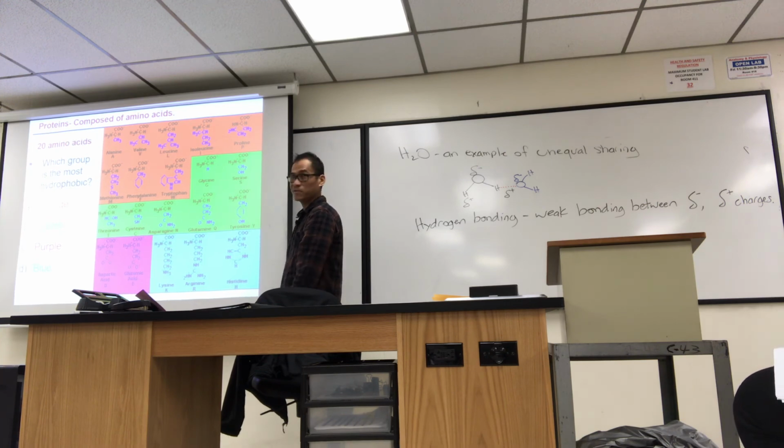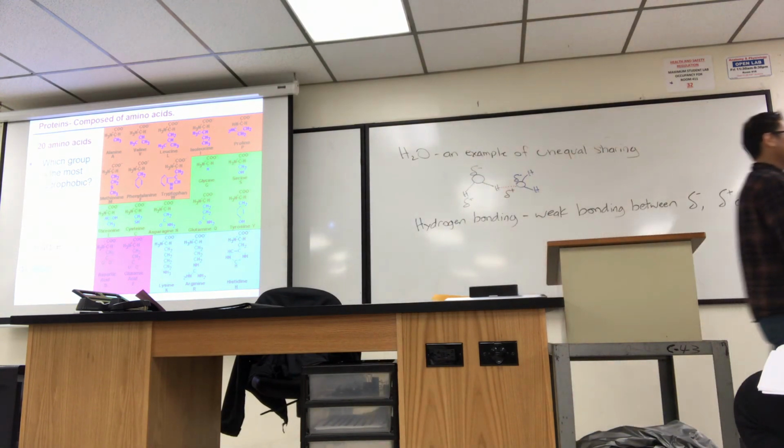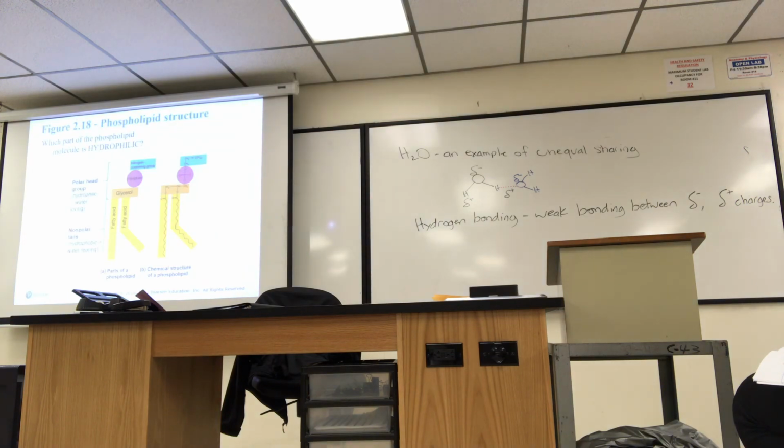So the answer is orange. That's important for cells. If you're going to make proteins, sometimes you want proteins that have a lot in that orange group so that proteins can span the width of the cell membrane, because remember, there's a hydrophobic zone. If you have hydrophobic amino acids in that stretch, it makes it useful to be inside there.